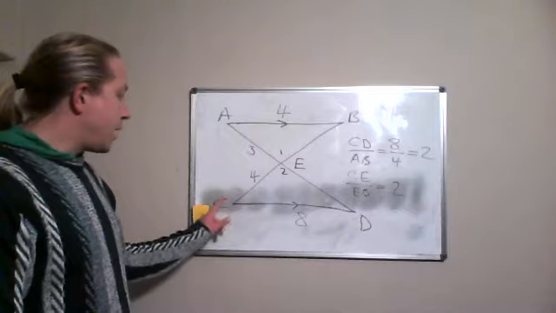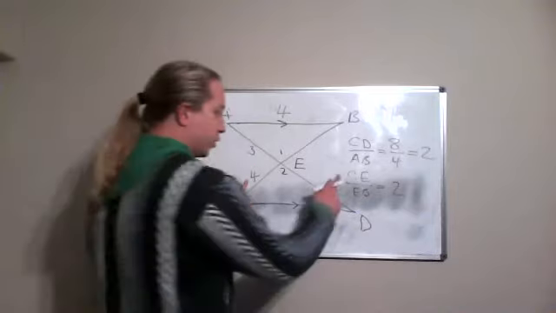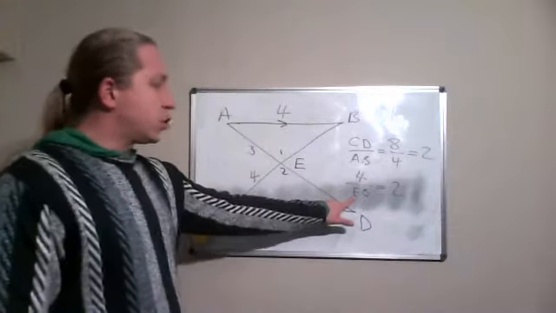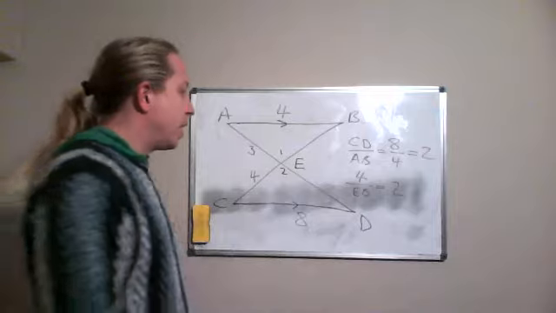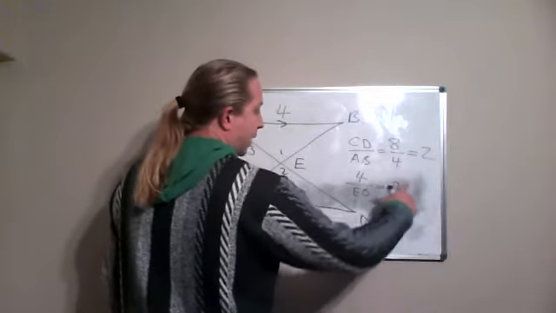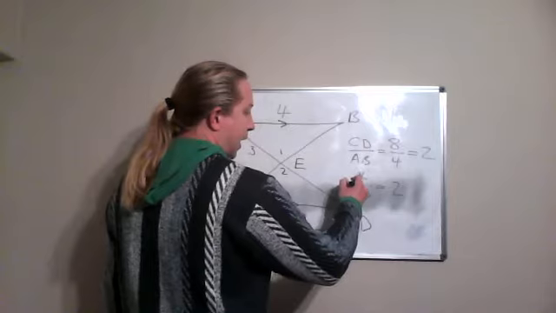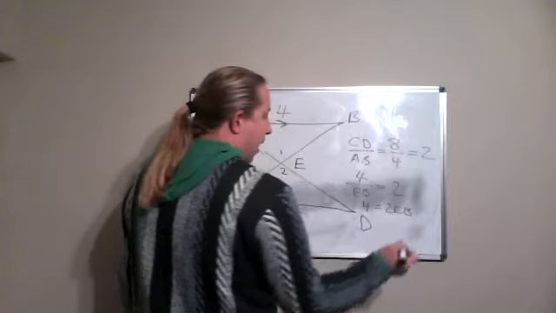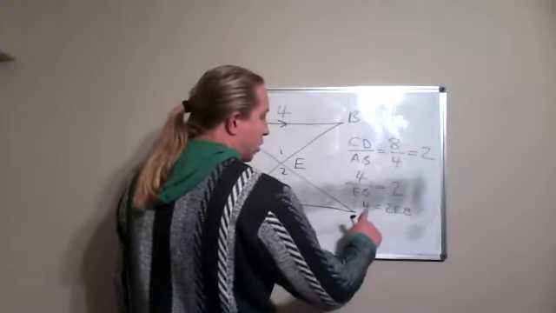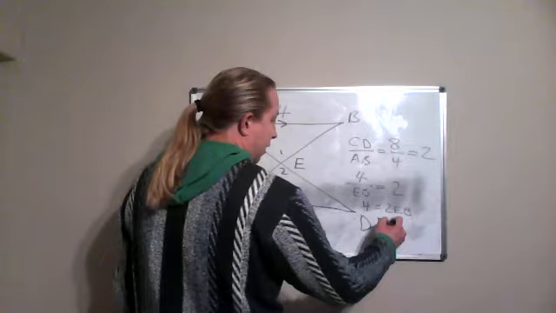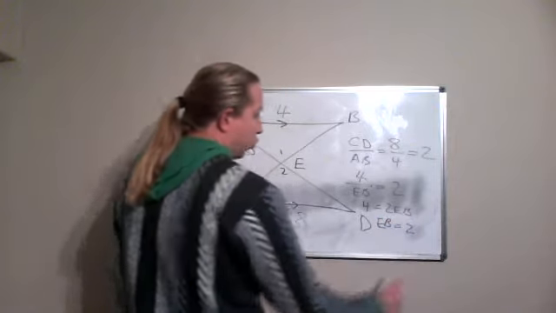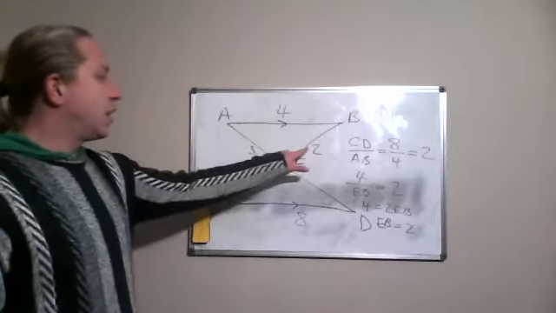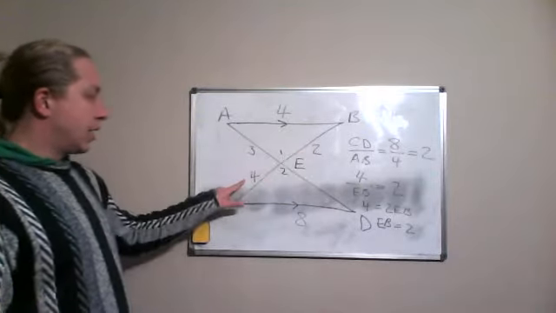We already have the side CE, which is 4, so I'm going to put 4 over here. Now I need to solve for EB at the bottom. We multiply both sides by EB, and they cancel on this side, so we have 4 equals 2EB. We divide both sides by 2, so 4 divided by 2 gives EB equals 2. So this side is 2 units. If this is 4, that is 2, so you can see the relationship.